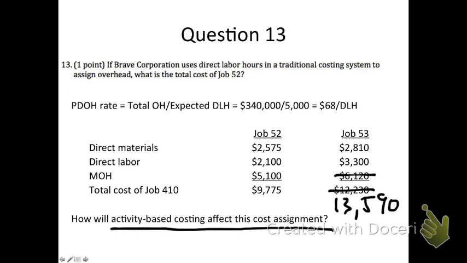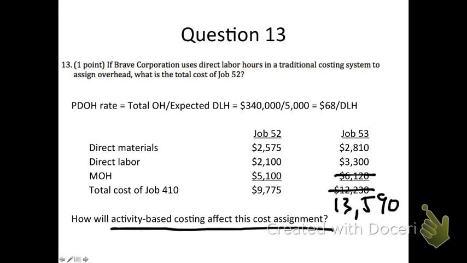Under traditional costing, notice that we used direct labor hours, which is associated with production. Machine hours is also associated with production. So if we're using a unit level driver to assign the cost of the non-unit level activities, we're going to have some cost distortion.